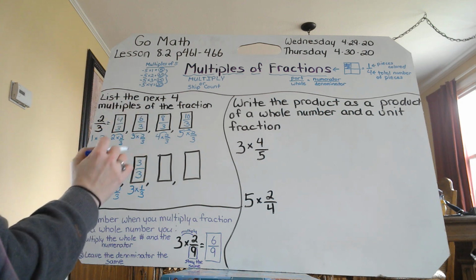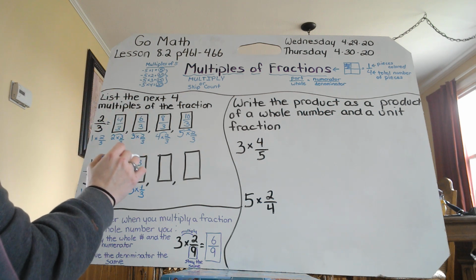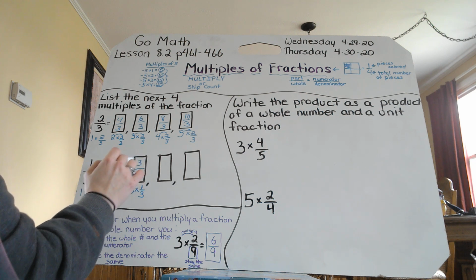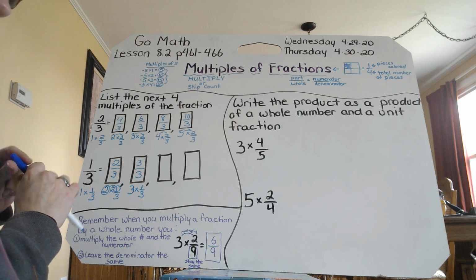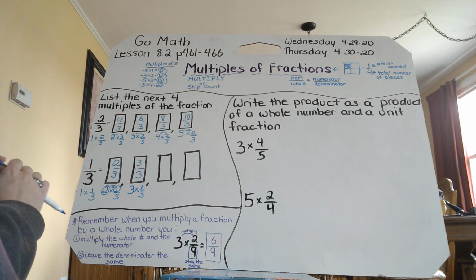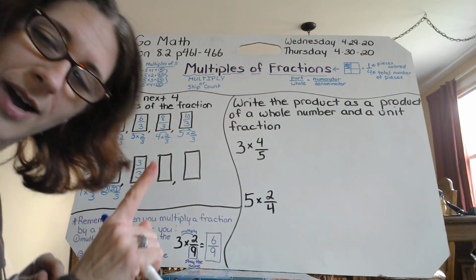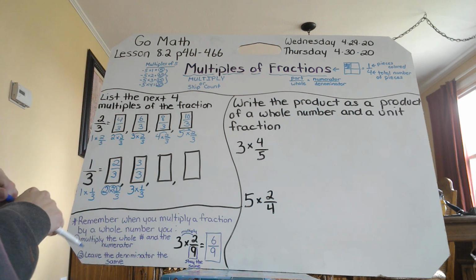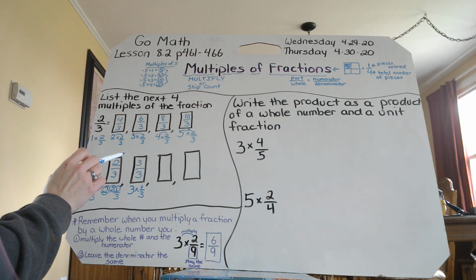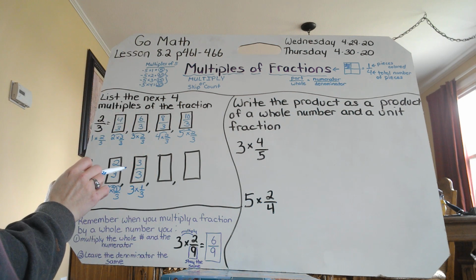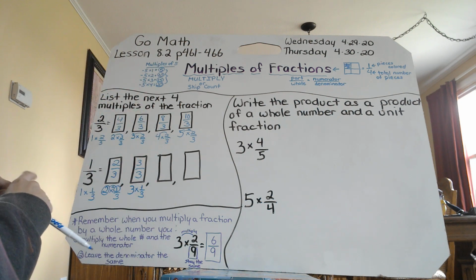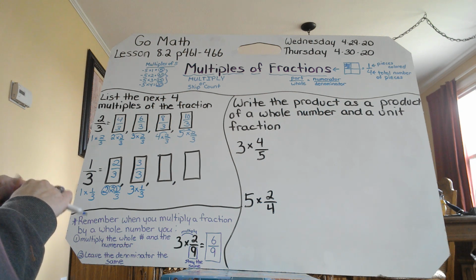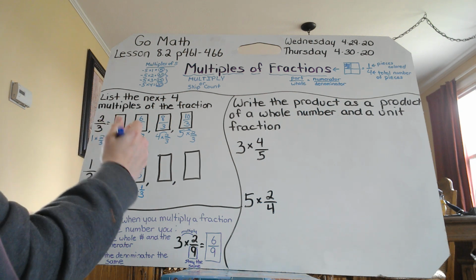Now again, this has the same numerator and denominator, so really this fraction equals what, ladies and gentlemen? You're right, it equals 1 whole. Anytime you have a fraction that has the same numerator and denominator, it equals 1 whole. But in this case, you don't have to worry about it. You do not have to change these fractions into whole numbers or mixed numbers.